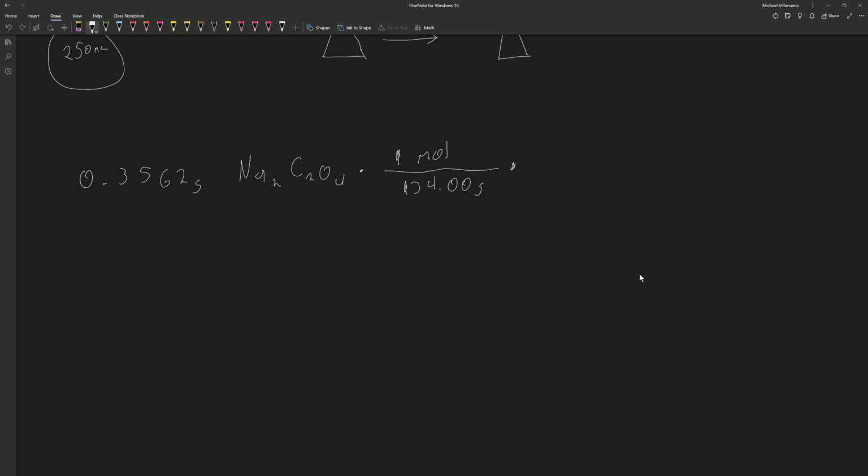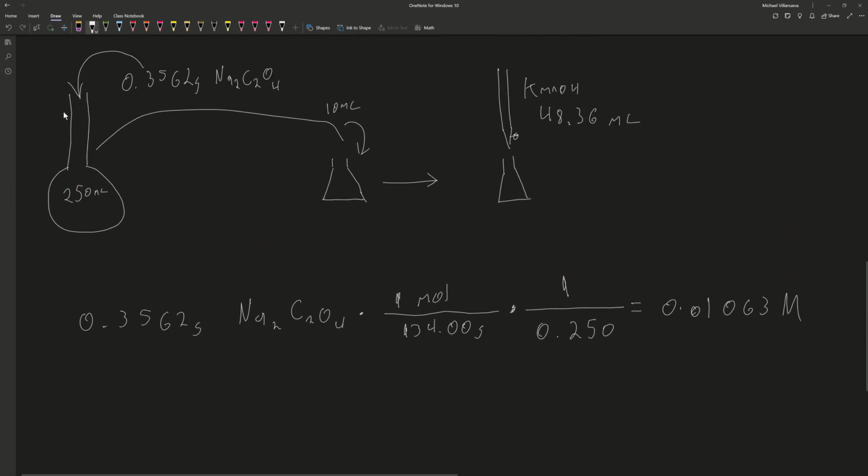We are then going to multiply it by 1 divided by the volume. And this is essentially going from grams to moles, moles to molarity. So we now have 0.0106 molarity. So this is the concentration that is in the solution that we initially prepared.